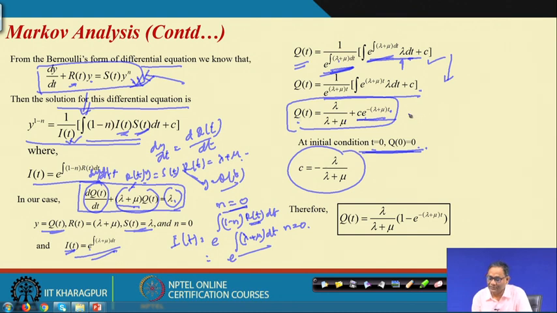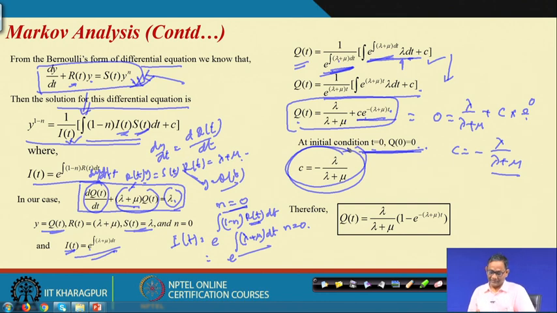How? On this side, 0 equal to lambda by (lambda plus mu) plus c into e to the power 0, which means 1. So, c will be minus lambda by (lambda plus mu). So, you got c equal to minus lambda by (lambda plus mu), and if you put the c part in this equation, you will be getting this. Okay. So, q(t) equals lambda by (lambda plus mu) into (1 minus e to the power minus (lambda plus mu) t).